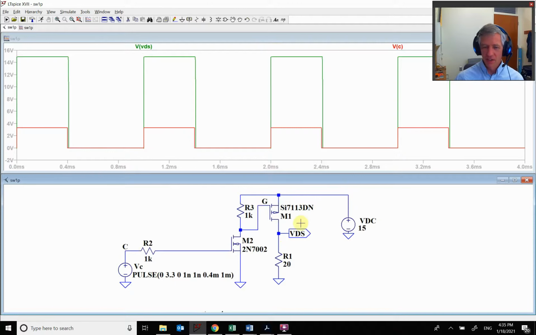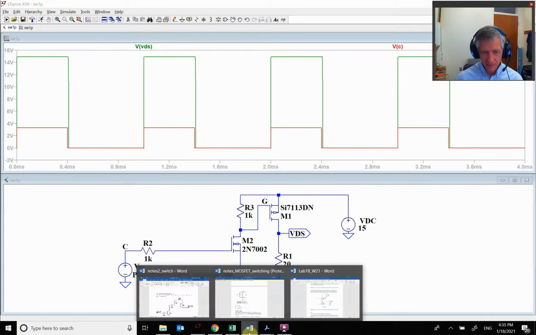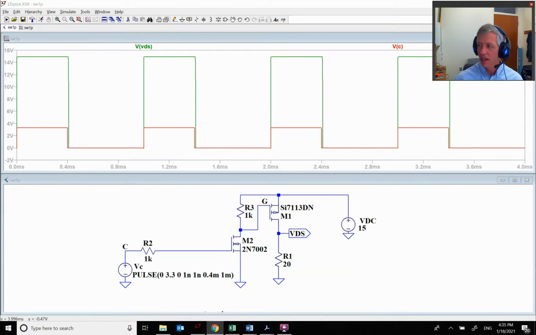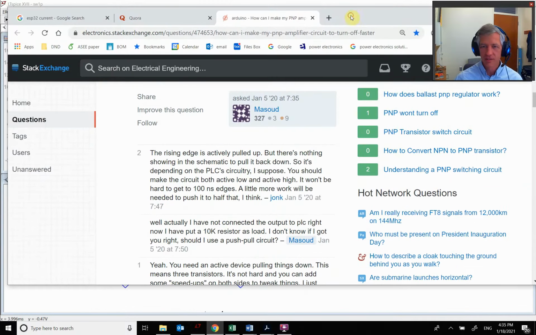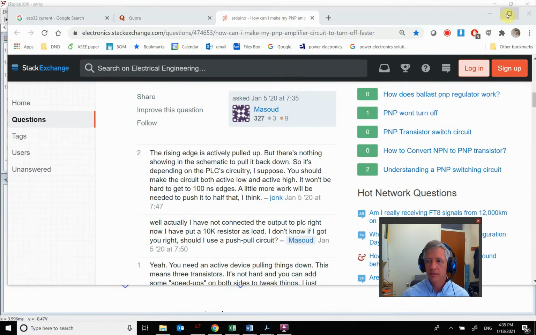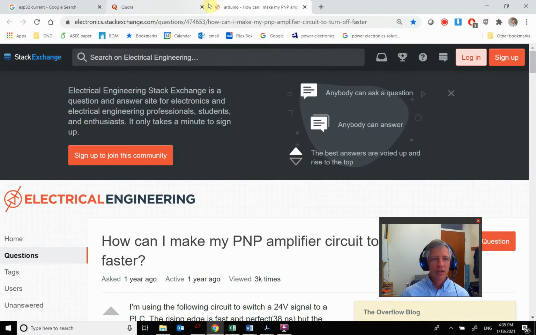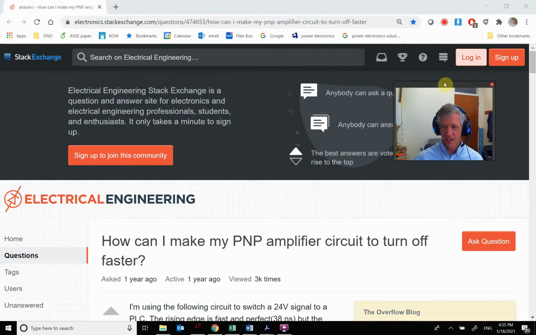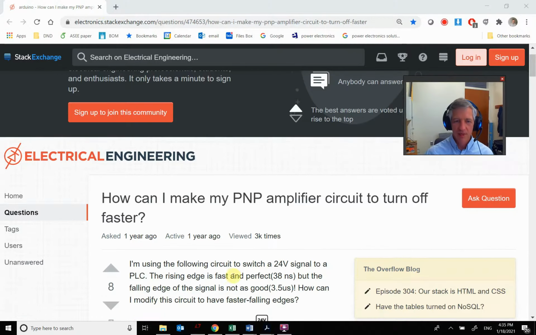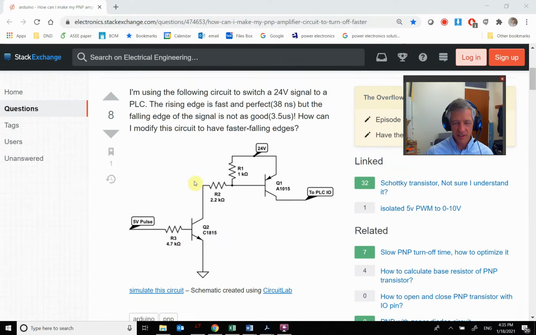But now we want to look at it in a little more detail. So let's pull this over. I was going through something and saw this question come across. It says that he's building a circuit that looks like this.